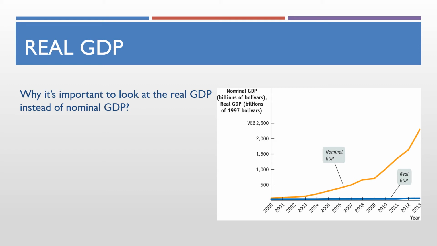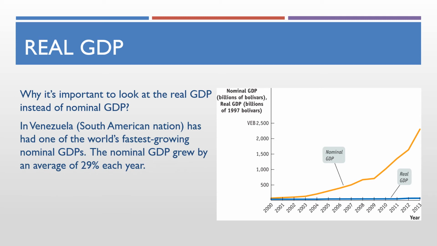Again, can we compare nominal GDP across time? And of course, the answer is no. And therefore, if you look at the real GDP graph, which is the blue line, it basically demonstrates that the country did not have any growth over the period of 2000 to 2013.